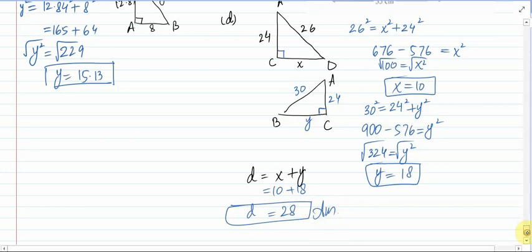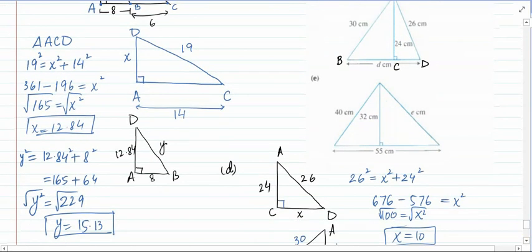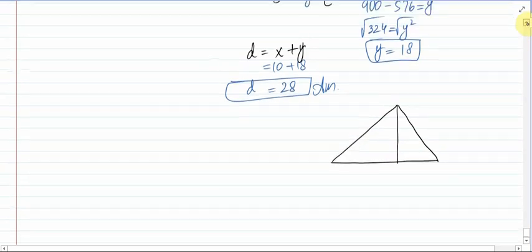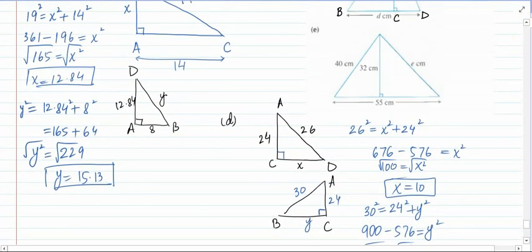So after part D, moving towards part E, at first I need to plot the figure. Now all these questions contain two right angle triangles, because without a right angle triangle we cannot apply Pythagoras.